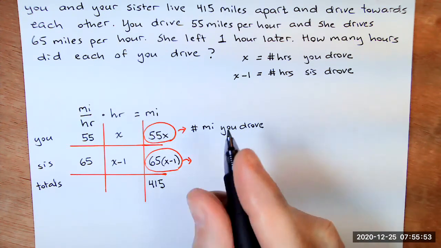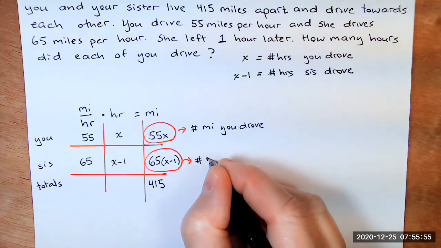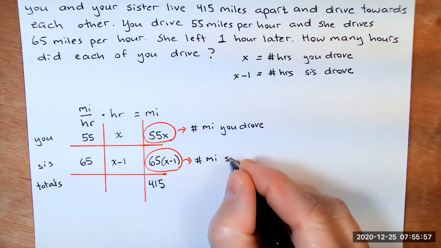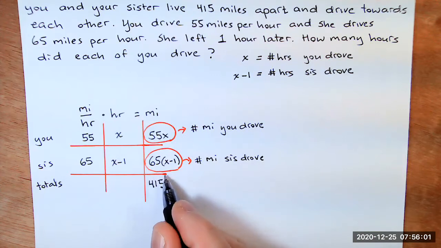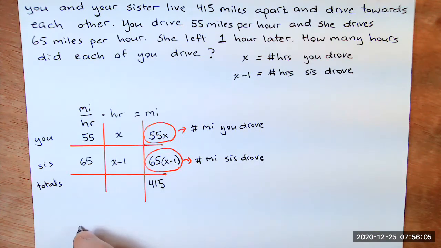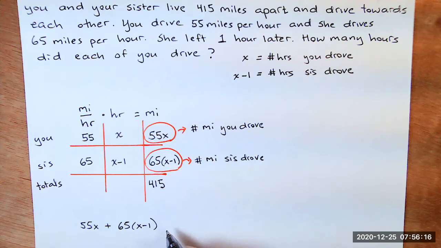So this is the number of miles that your sister drove. This is the total miles that both drove. So the equation is going to be the number of miles you drove plus the number of miles your sister drove is 415.